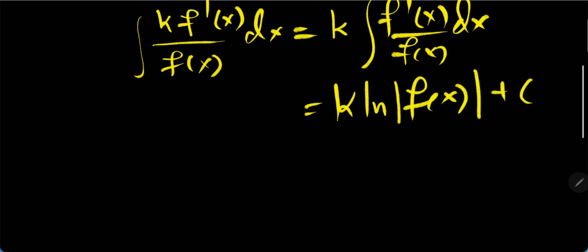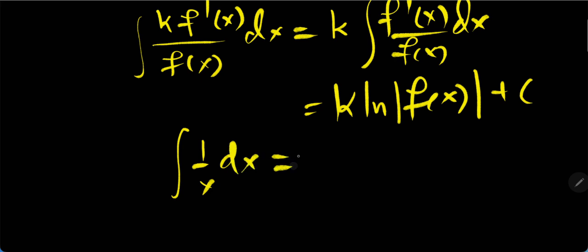This is what we have been doing when you have the integral of 1 over x dx. It is direct because the derivative of x is 1, the function at the numerator, so it's natural log of the variable x plus c.